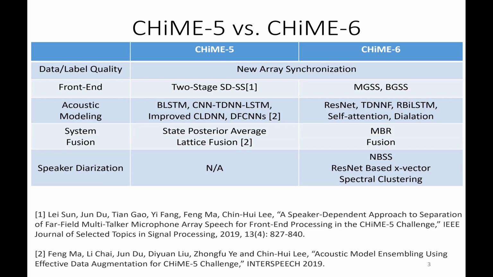For acoustic modeling, we use more advanced network architectures, including ResNet, TDNN, and ResBLSTM with self-attention and dilation modules. For system fusion, we use the MBR combination, proven to be more effective than state posterior average and lattice fusion.